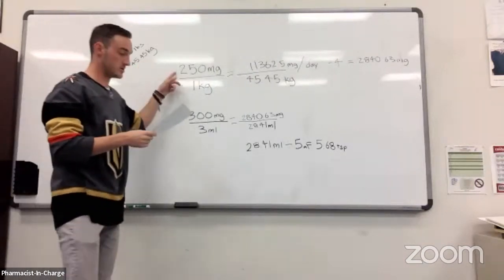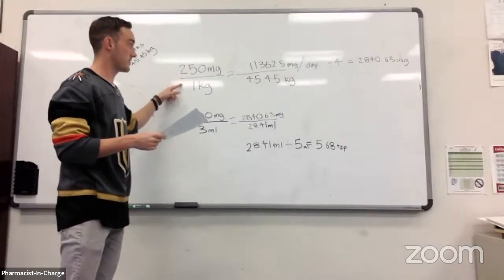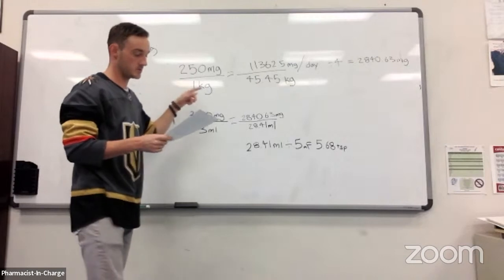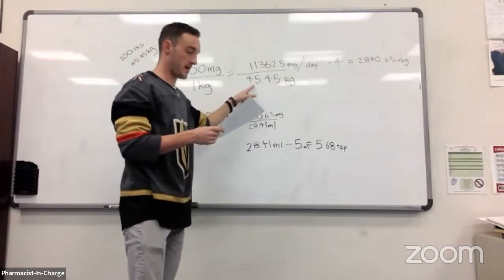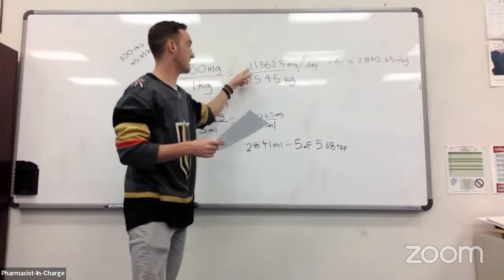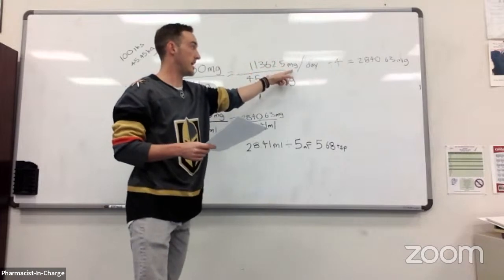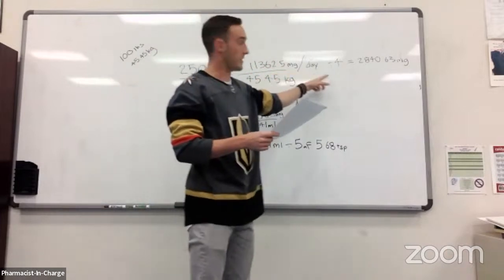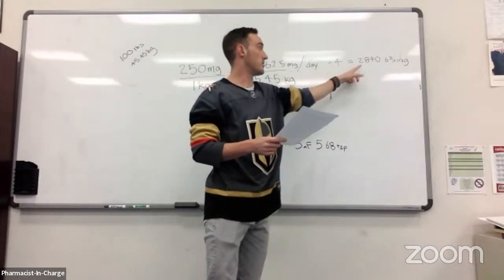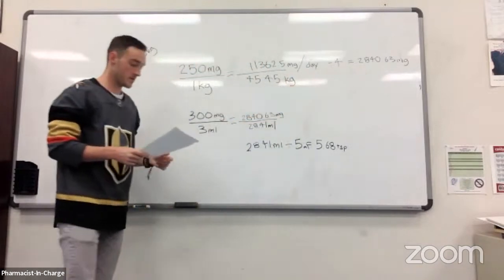So the dosage was 250 milligrams per kilogram per day, and you have 45.45 kilograms. Cross multiply and divide, you get 11,362.5 milligrams per day. And then you divide that by your 4 equal doses for 2,840.63 milligrams per dose. Okay, pause there.